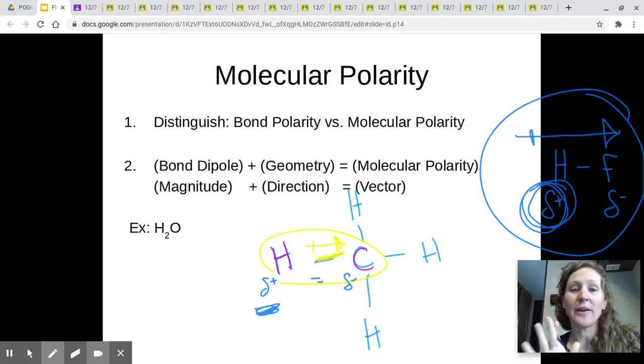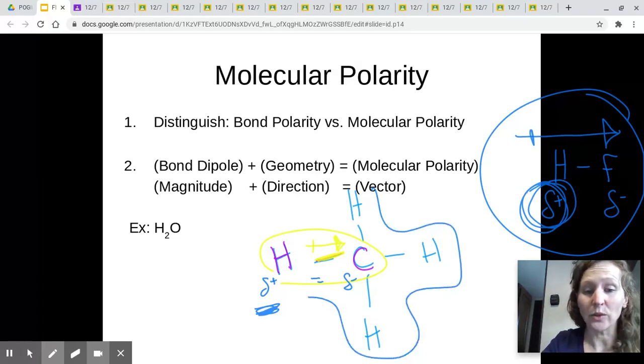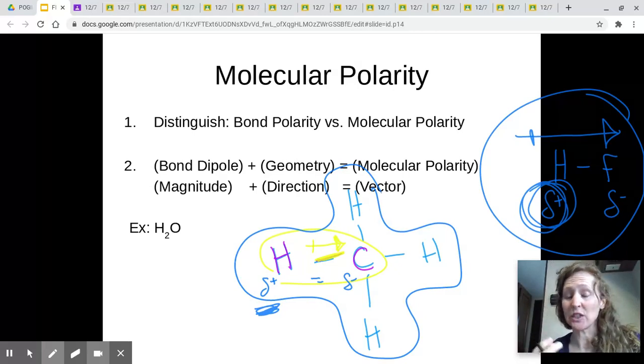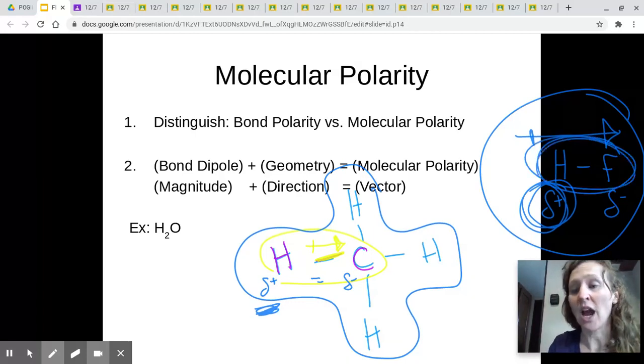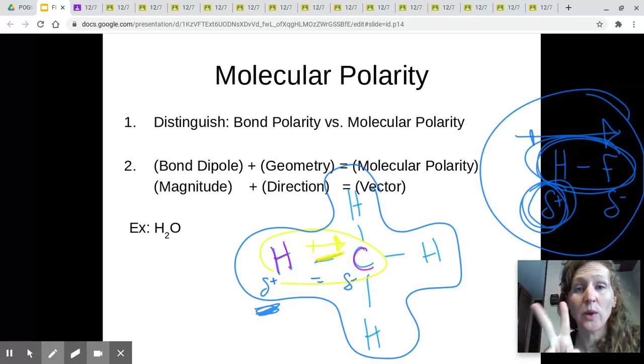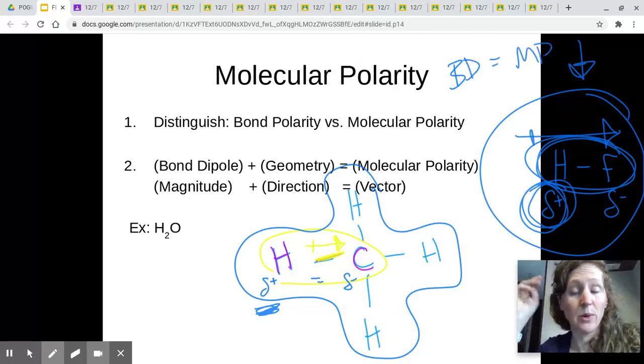Now what we're going to talk about is molecular polarity. So what about the whole molecule? The whole molecule of methane, is that molecule polar or not? What about the whole molecule of hydrogen fluoride? Is that polar or not? When the molecule is made up of two atoms, as in hydrogen fluoride, the bond dipole is the same as the molecular dipole, right?